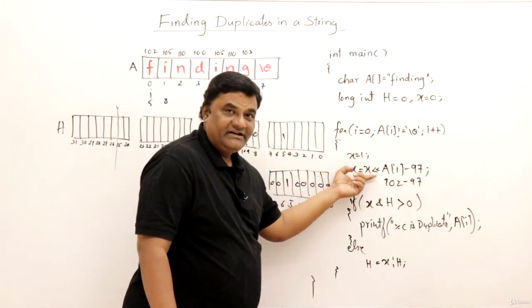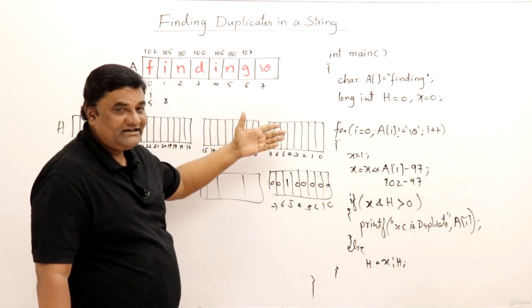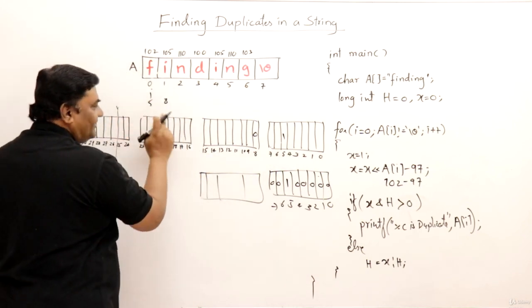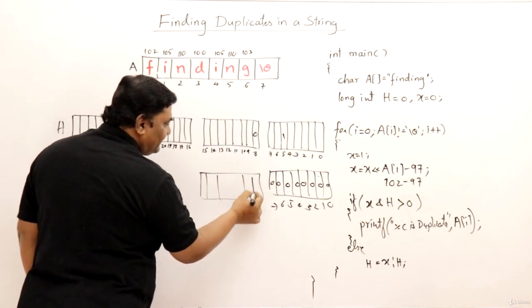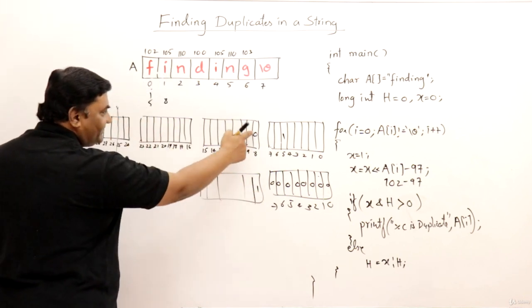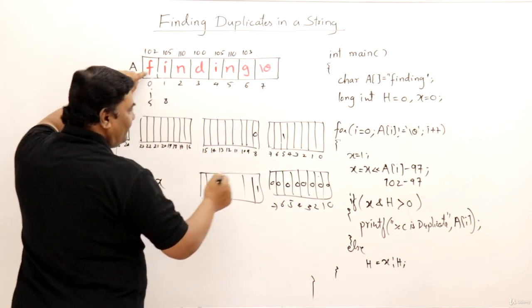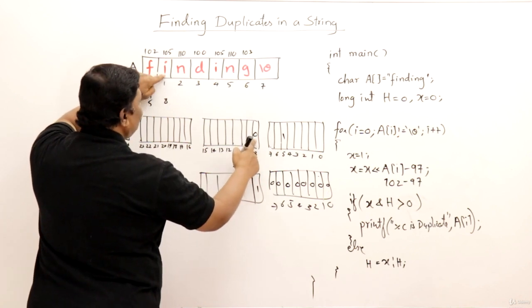We have used shifting for preparing a number so that we can perform masking and merging. So for f, the bit comes here, and for i, the 8th bit will be on. We check for this one, is it present or not? In this way, the bit for 5 will be set on, and for 8 it will be set on.